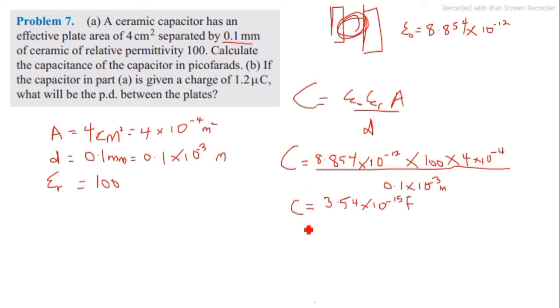So in picofarad, that will be 3.54. Now your pico is 10 to the power minus 12, so separate that. That's 10 to the power minus 3 times 10 to the power minus 12, because the combination of these two will give you 10 to the power minus 15. So that will be your C to be equal to what?